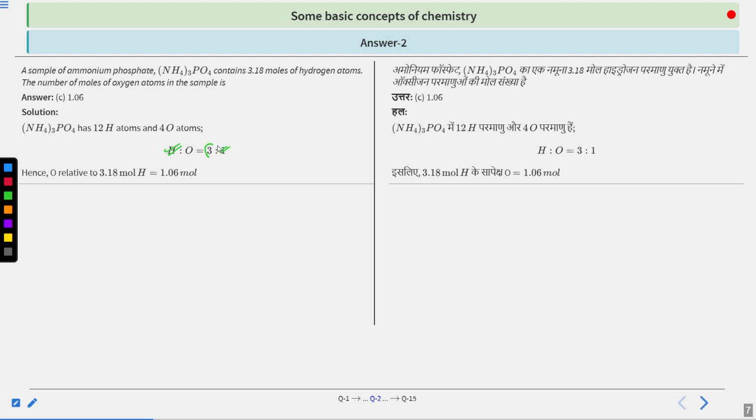Therefore, 3.18 moles of hydrogen will correspond to 3.18 by 3 moles of oxygen, that will give you 1.06 moles of oxygen. Clear? Very easy to solve. You just use the unitary method here.